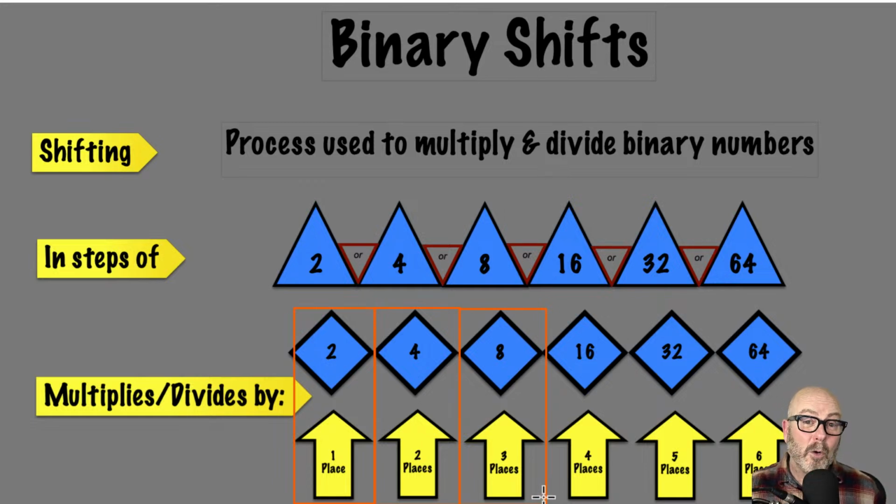So that is what binary shifts do. So here's the trick. If they say what happens if you do a left shift 2 places, well, you know that 2 places means that it's going to be either being divided by or being multiplied by 4. Right. So that is the takeaway from that graphic. I hope that makes some kind of sense to you.